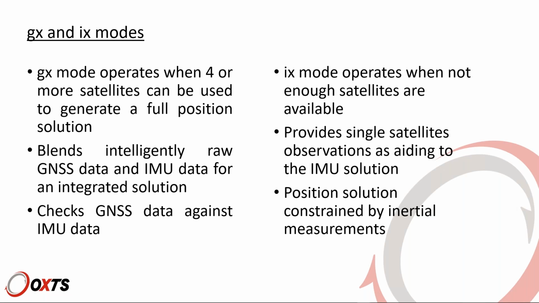And in addition, it has this partial position solution that is constrained by inertial measurements, which means the uncertainty around this solution is highly limited, unlike the GNSS receiver. Again, we will see examples of all of this in a bit.